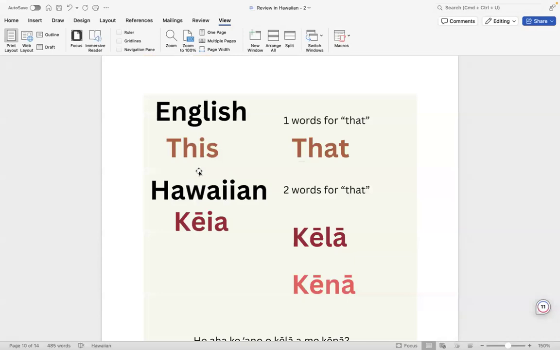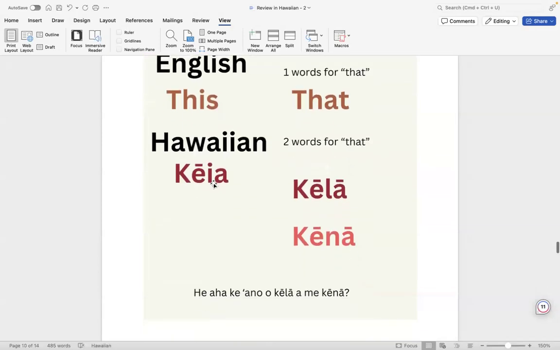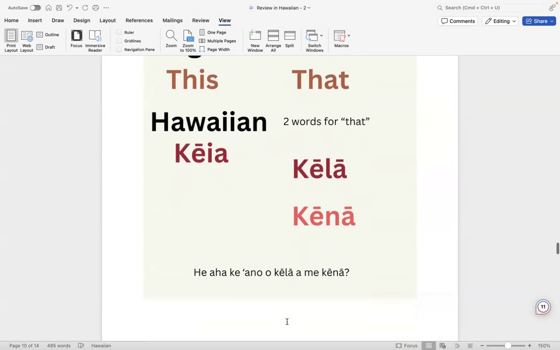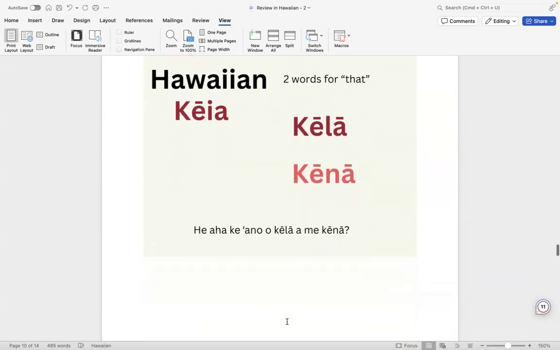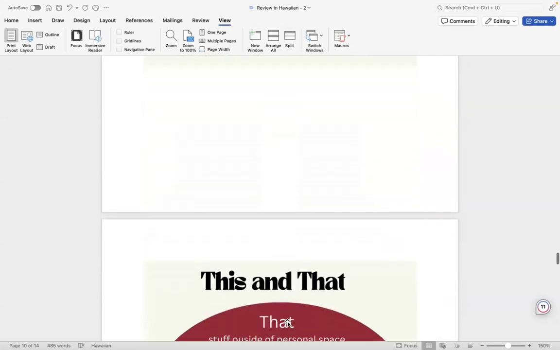In English, we have one word for this, and we have one word for that. But in Hawaiian, we have one word for this, kēia, but we have 2 words for that, kēlā and kēna. What's the nature of kēlā together with kēna? This and that.